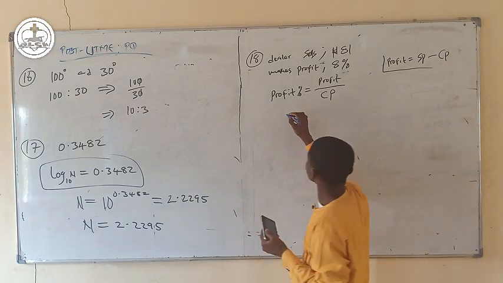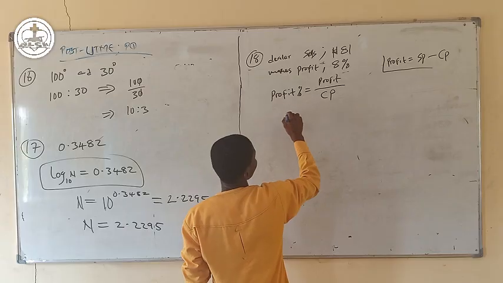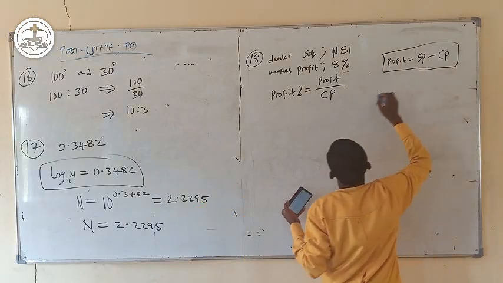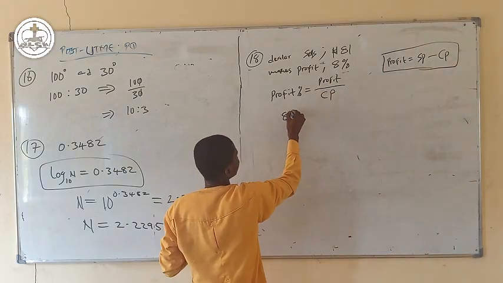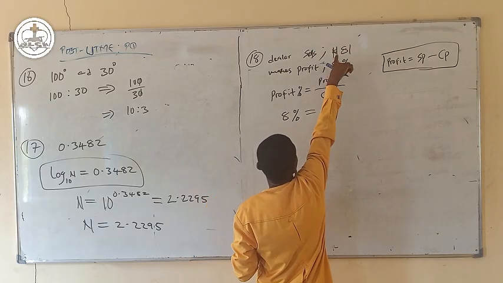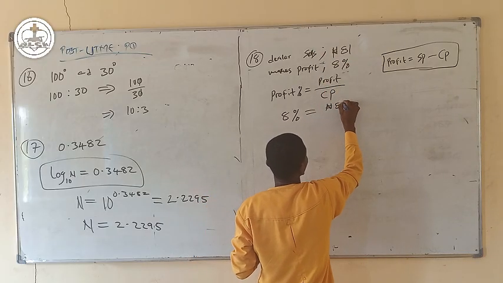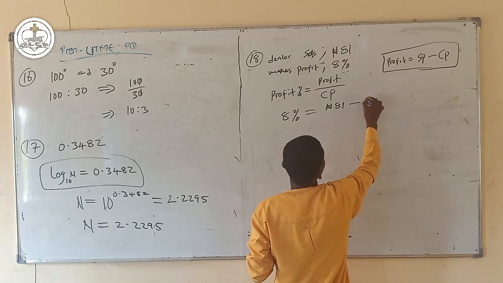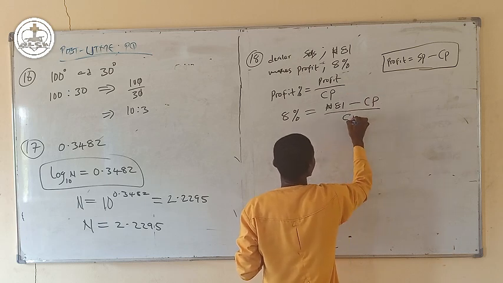That's our profit. So we can write this as 8% is equal to our selling price, 81 naira, minus our cost price, which we don't know, all over cost price.